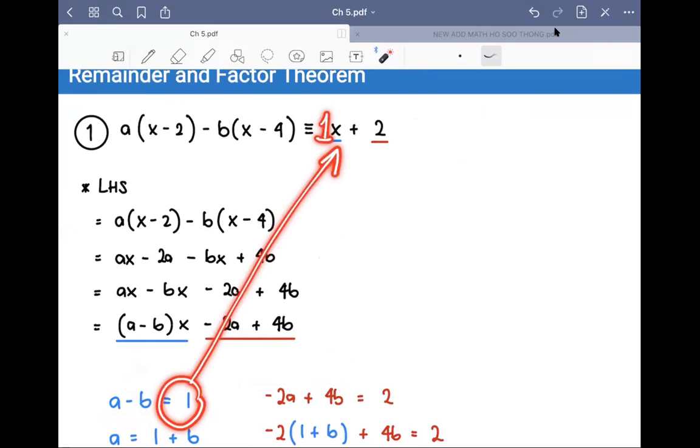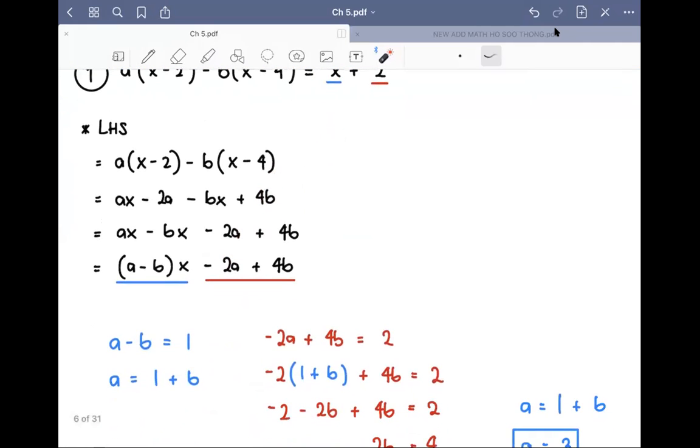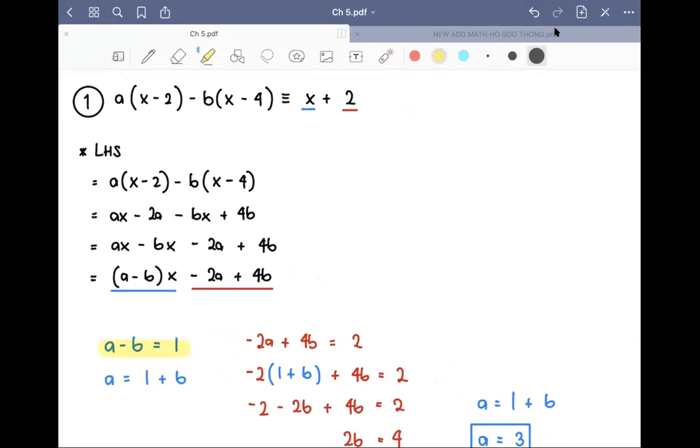So that's how I got a minus b equals 1. And then since I don't have any value yet for a and b, I'll just keep it as this one. A minus b equals 1. So this is your first expression or equation.